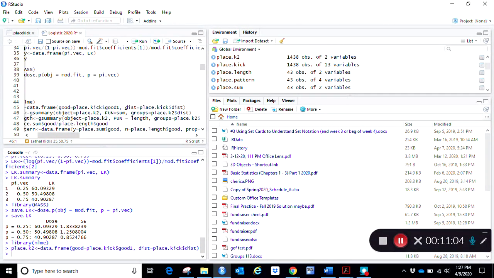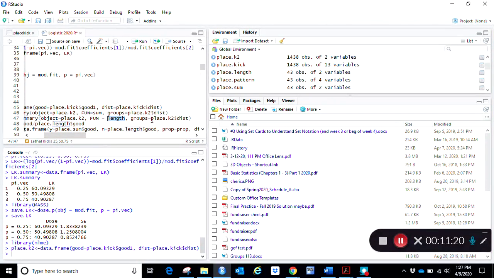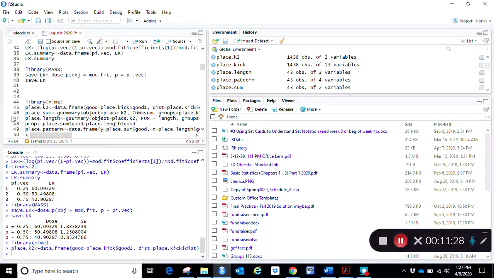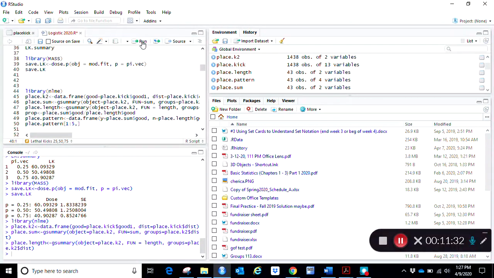One I want is going to be the sum. That's going to again give me my number of successful kicks because it's going to be adding a whole bunch of zeros and ones together. And then I'm going to get my length, which will tell me how many kicks were done at those given distances. So we're going to get the number of successes and the number of attempts for each distance. So that's again what those two lines are doing.